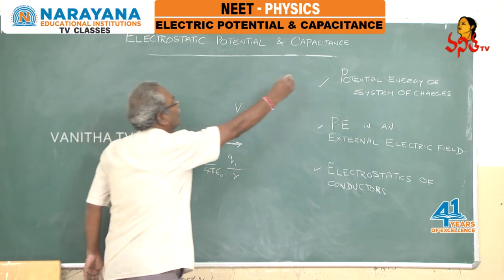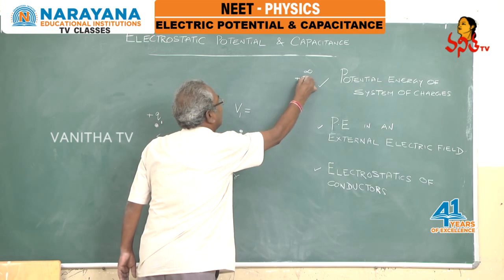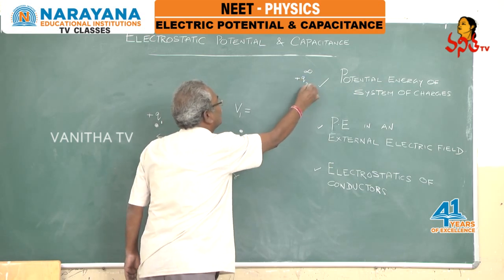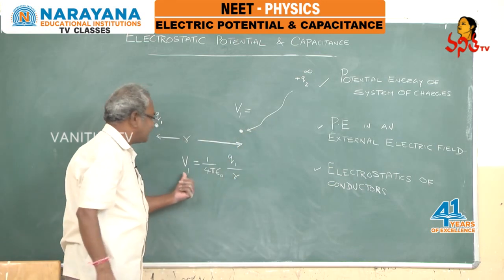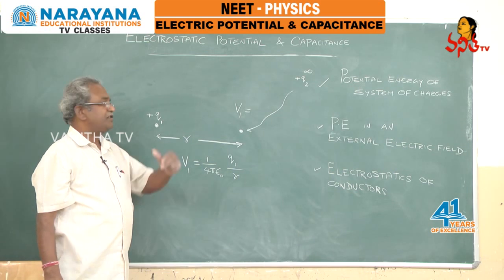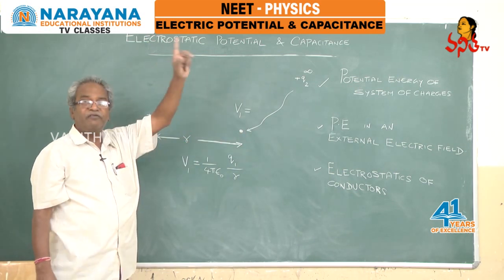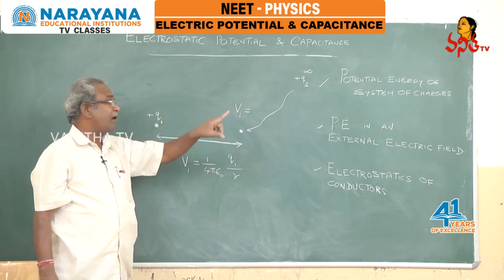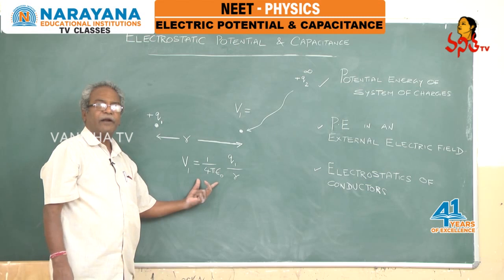Now, what is the meaning of this potential? It is the work required to move a unit positive charge from infinity to a point. That means bringing a unit positive charge from infinity and putting it over here, this is the amount of work done.